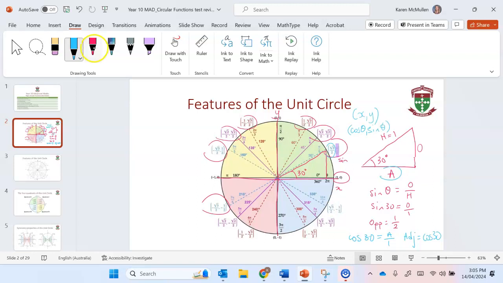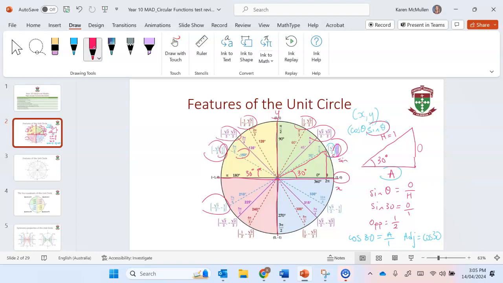Let's say I wanted to know what sine of 150 degrees is. There's 150. This is our reference angle, which is 30. We're going to do that a little bit later. But I know that I'm reading the sine value, which is the y, and you'll notice it's the same there, 1/2.